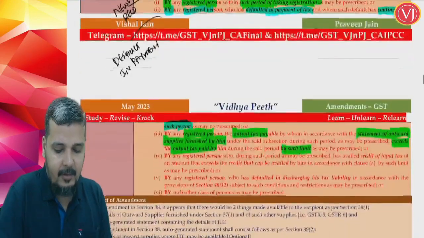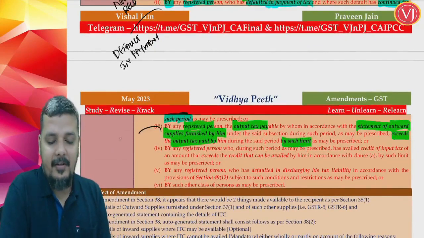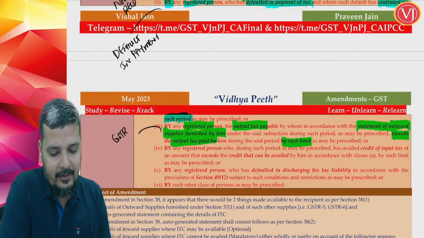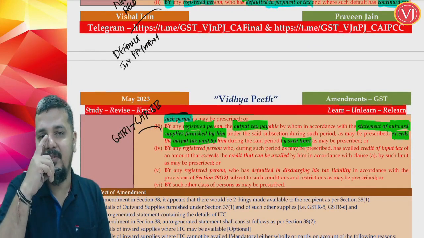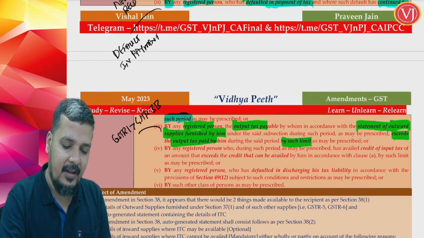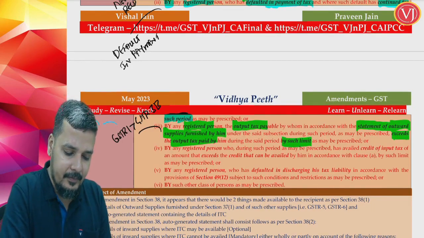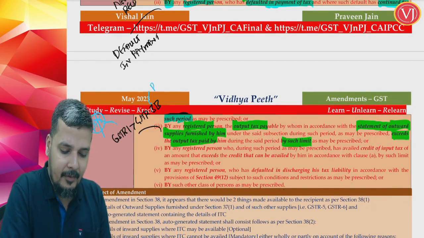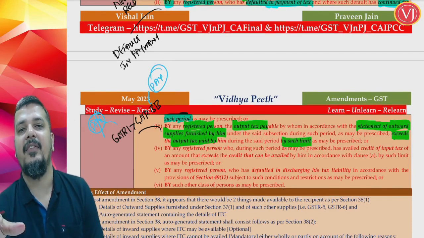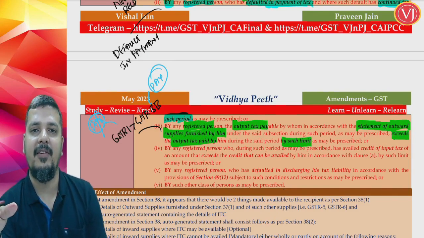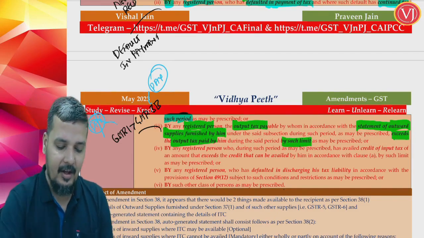Third, you are talking about a scenario where the supplier has shown his sales more in GSTR 1 but actually paid less based on GSTR 3B, because when you talk about GSTR 1 there is no payment. Payment is only at the time of GSTR 3B. So his outward supplies in GSTR 1 is more than outward supplies in GSTR 3B, on the basis of which he has made the payment.